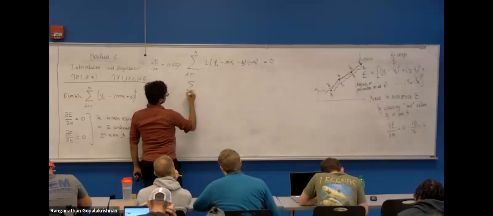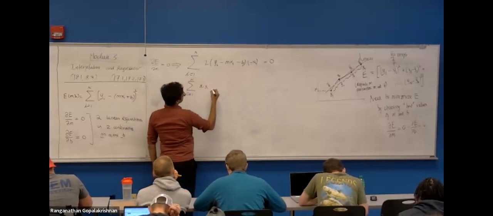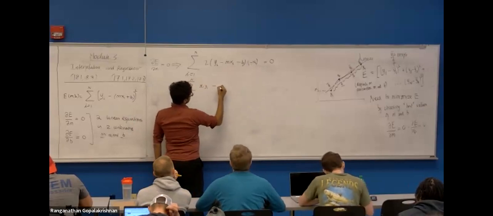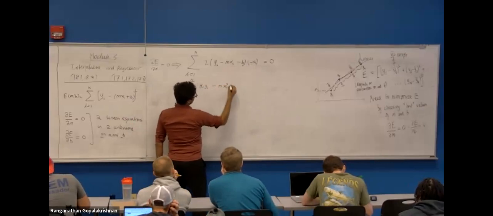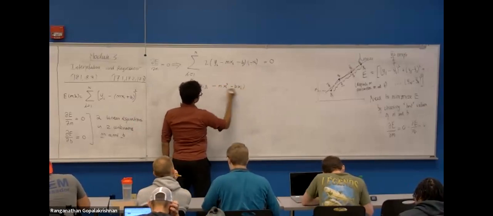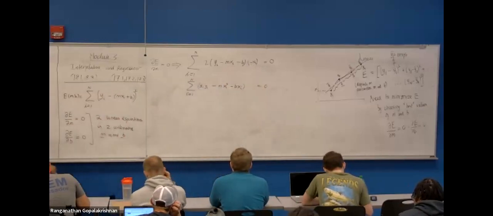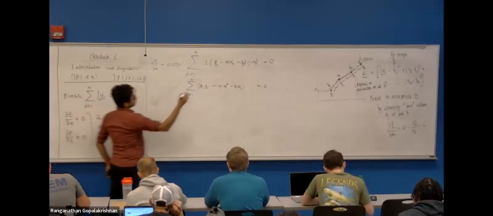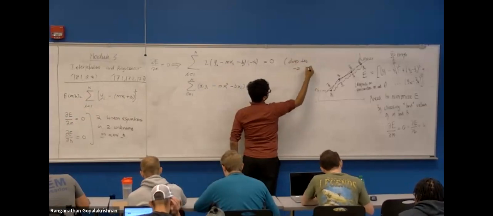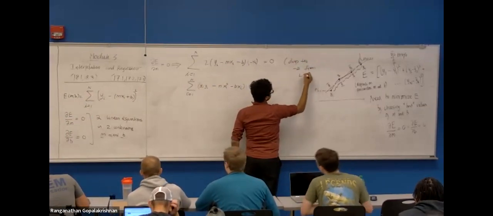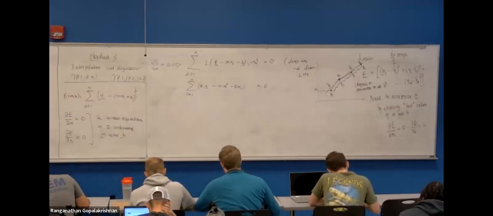So I have summation i equal to 1 to n of xi yi minus m xi squared minus b xi equal to 0. We drop the minus 2 from the left side.